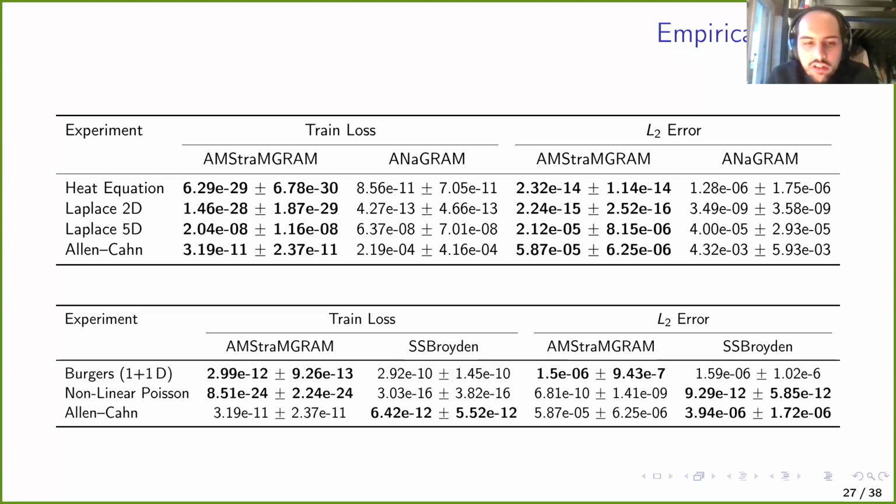And SS-Broyden, I think it's comparable. In some cases SS-Broyden can be faster, in some cases AMStraMGRAM is faster, depending on the size of the network, etc. But the difference is a constant factor, not orders of magnitude.